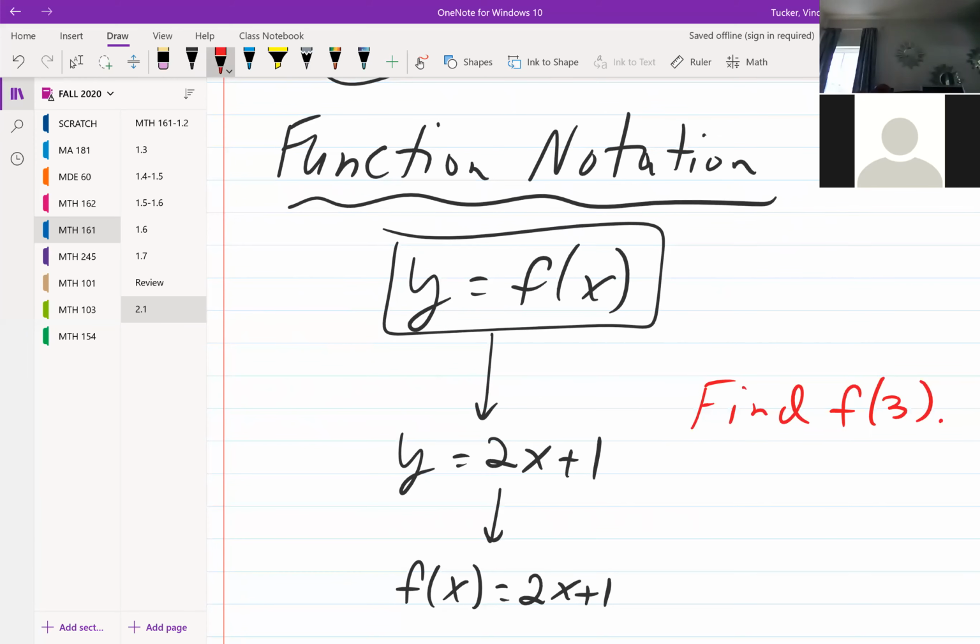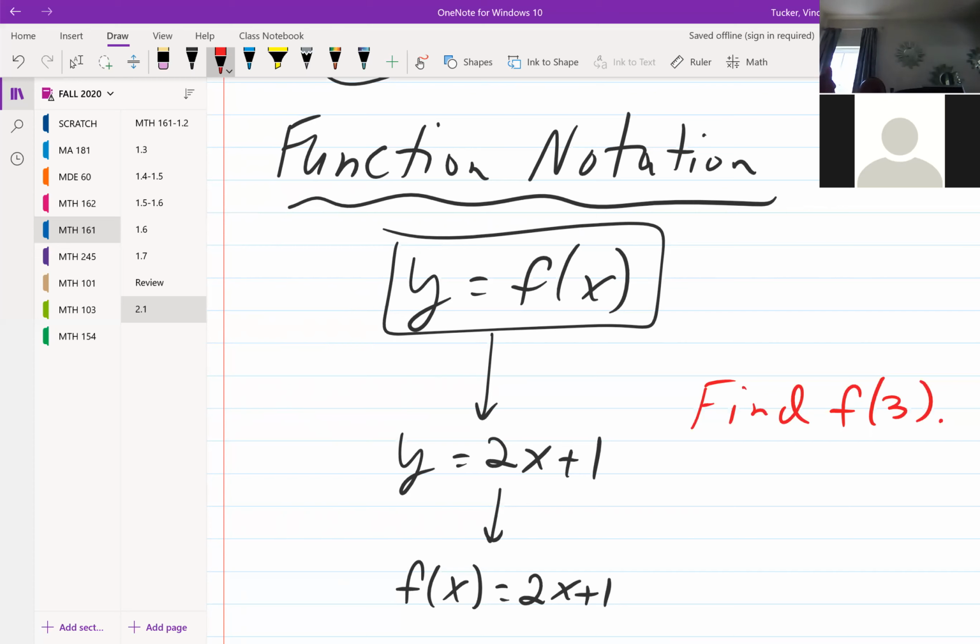So wherever you see y, you can plug in f of x, and they will assume that you know that is the case. They are interchangeable. You can switch them back and forth within one problem explanation, and they would expect you to know what's going on. Y and f of x are interchangeable.